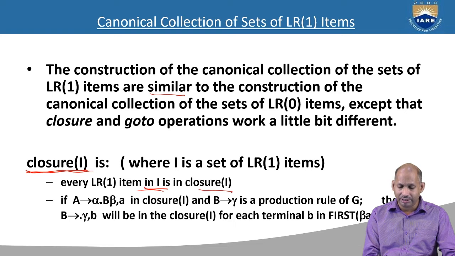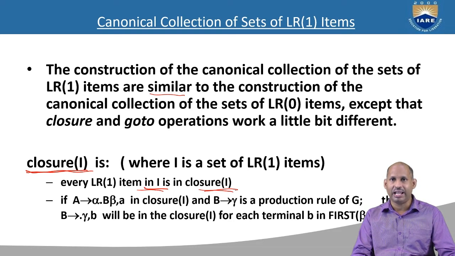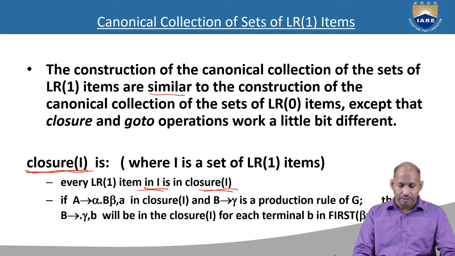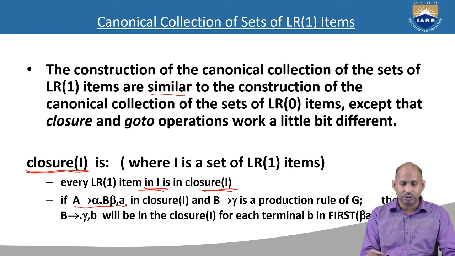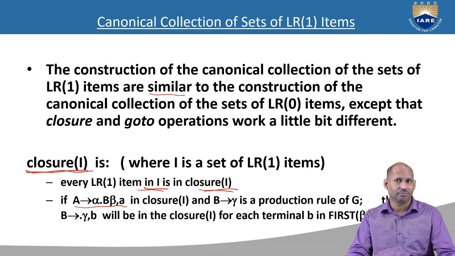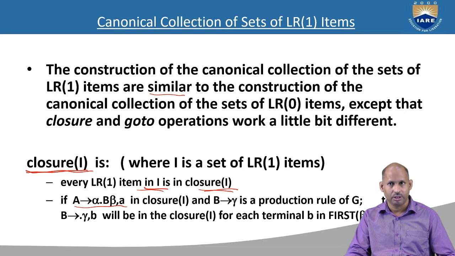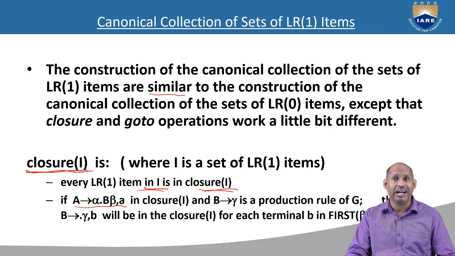Every LR(1) item in I will be in the closure of I. Here, if dot is followed by a variable B, then we add the B productions. Simply we add the B productions.